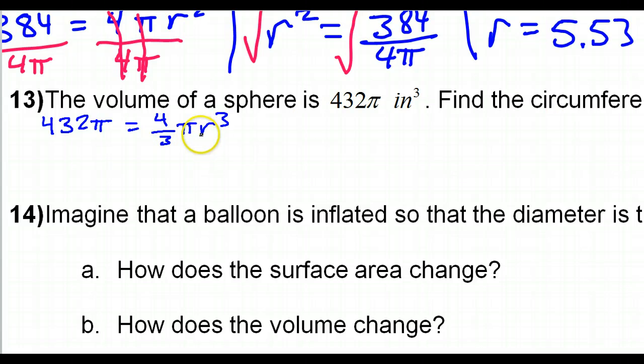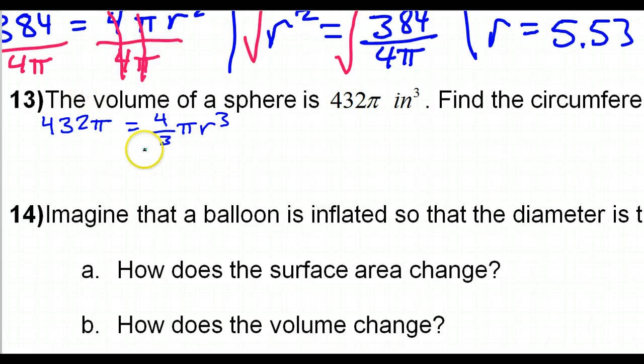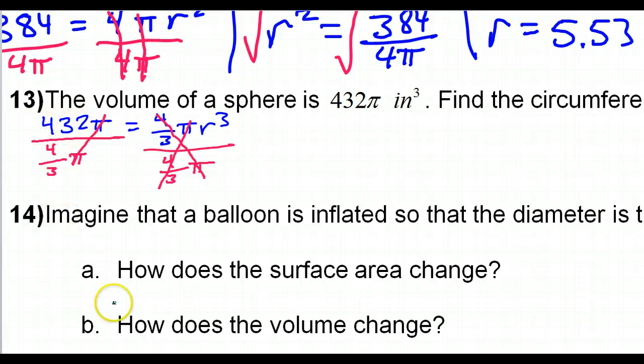If I want to get the r by itself, I'm going to need to divide. You can just divide both sides by 4/3 pi, like this. That way all of this will cancel out and just leave r to the 3rd power. Meanwhile over here the pi's even cancel out. So I just have 432 over 4/3.